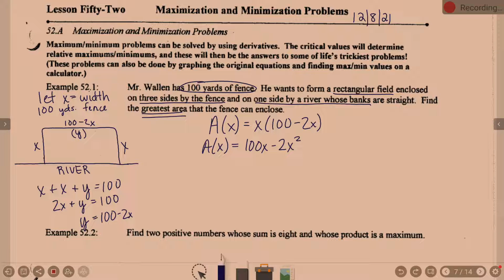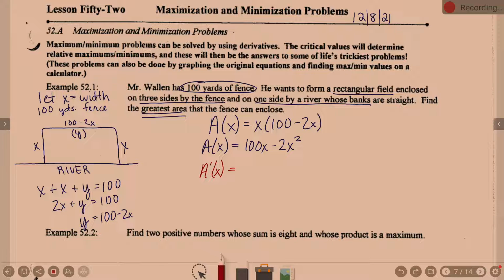Okay. So, if we want to find where it maximizes, I need to find the derivative and do what with that derivative?